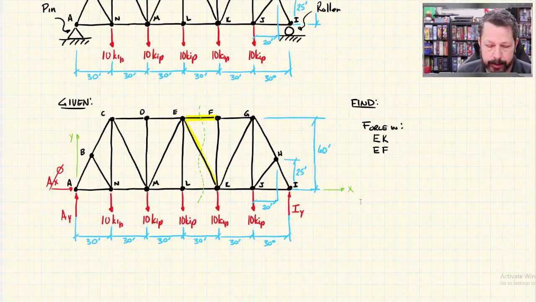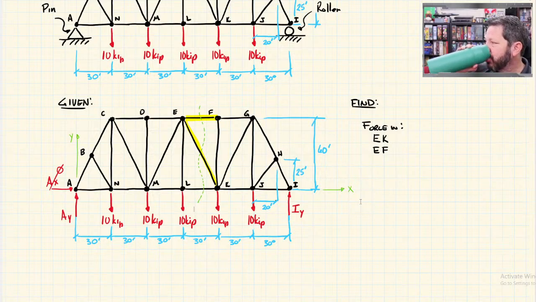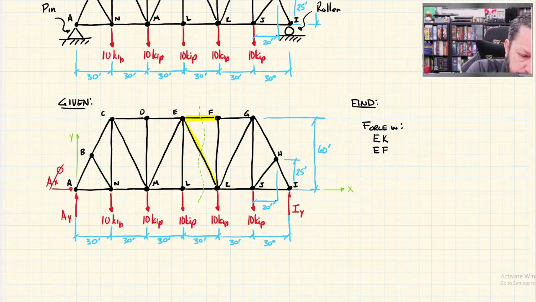We'll go ahead and solve for both just to have the practice of doing it, but we need at least one. But sometimes you don't need either of them, depending on how you can make the section. All right. Next, we need to solve for AY and IY. So we're going to do that before we cut the truss into sections.